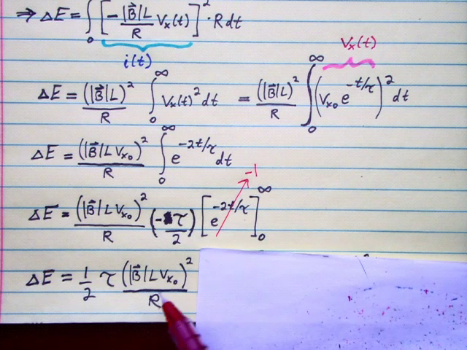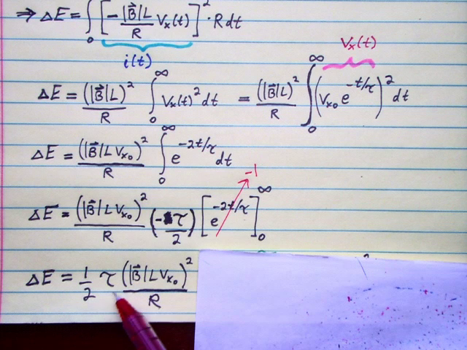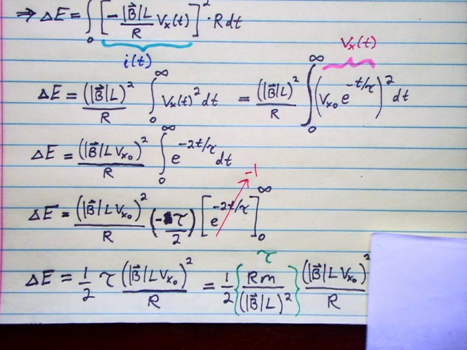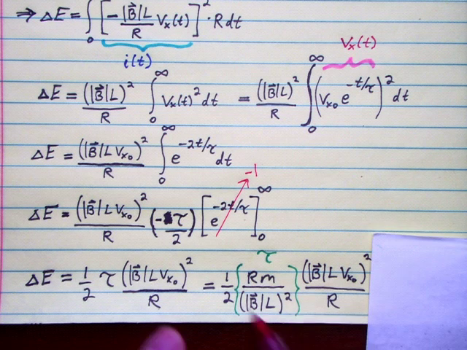And okay, it doesn't look like much at the moment, but we do have an expression for tau. Tau was the resistance times the mass over B squared L squared. Let's sub that in. For tau here, this is our tau, Rm over BL squared.